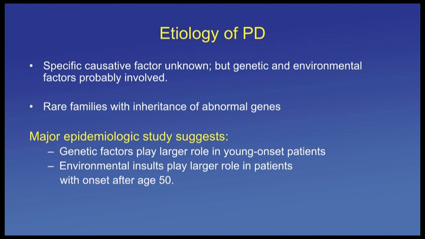Etiology of Parkinson's disease. What is the etiology? We talked about it. We don't have a specific cause for many of the patients, but genetic and environment play a role. Rare families with inheritance of abnormal genes certainly play a role, but they're usually the younger patient. And environmental insults play a larger role in patients who have their onset in later years, especially over 50.